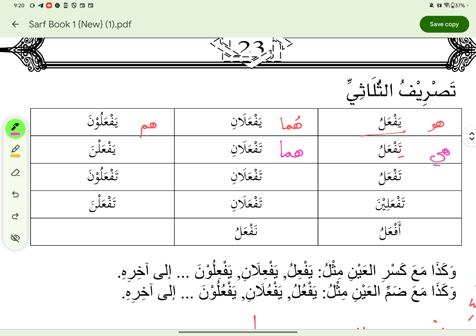Notice the change. One change is the ta. The next change is the alif. This alif here shows that this word is now muthanna, this word is now dual.